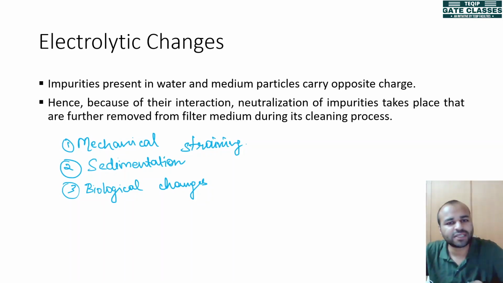What type of nutrients? Nutrients such as iron, manganese, potassium, phosphorus, sulfur, then aluminium, carbon, nitrogen, etc. These are some of the nutrients that help the growth of algae, which in turn promotes the overall process.